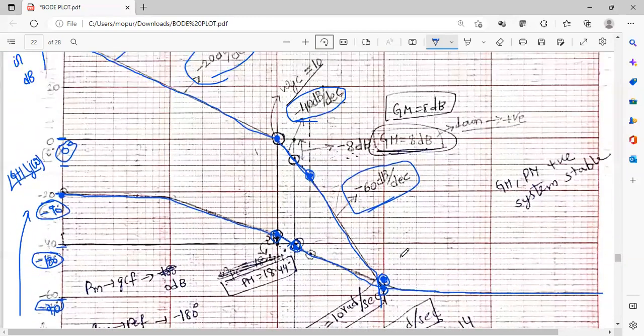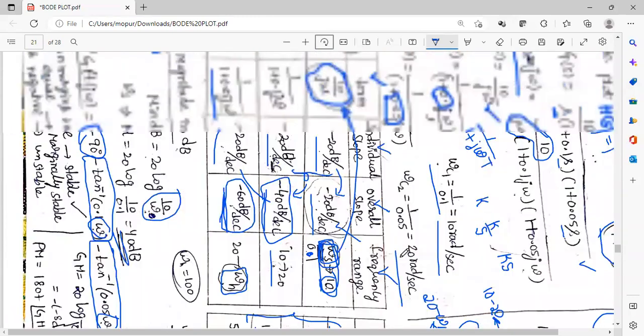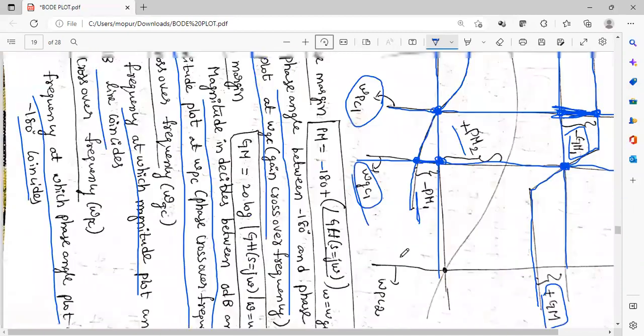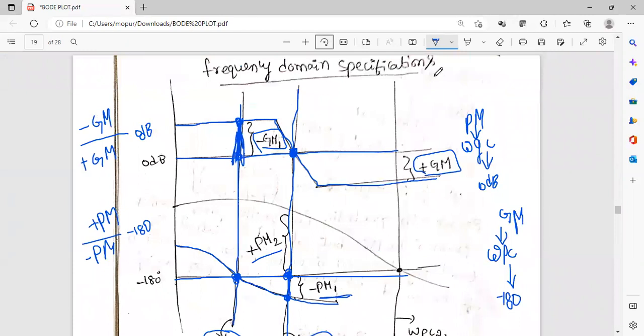Now, first step, we should extract the frequency domain specifications, as I had already discussed: phase margin, gain margin, phase crossover frequency, and gain crossover frequency.